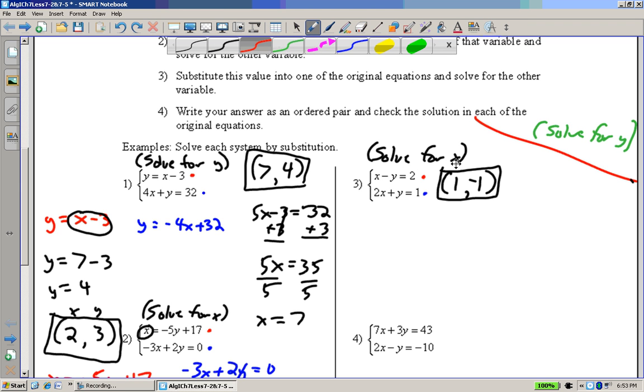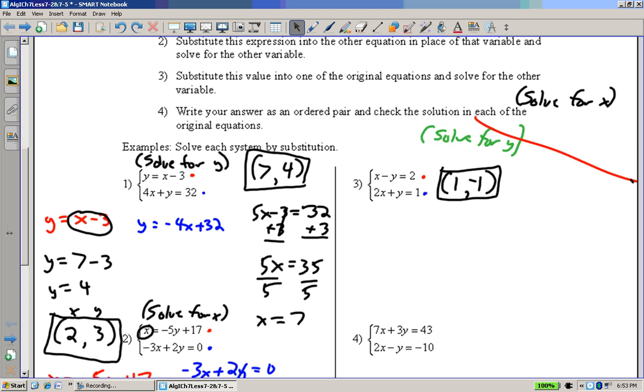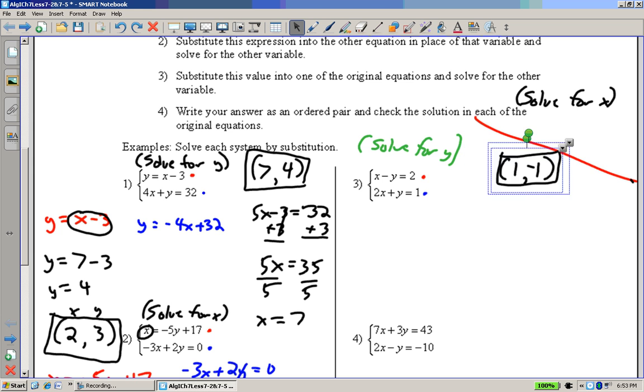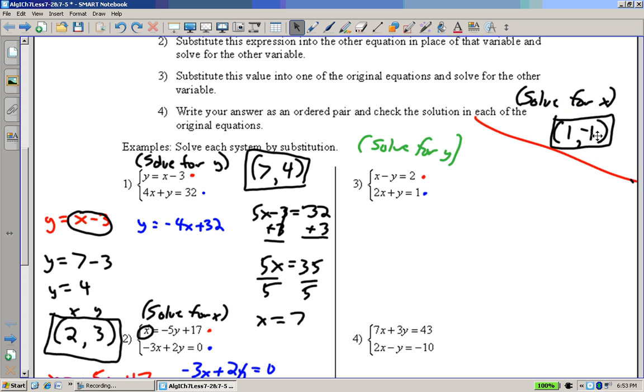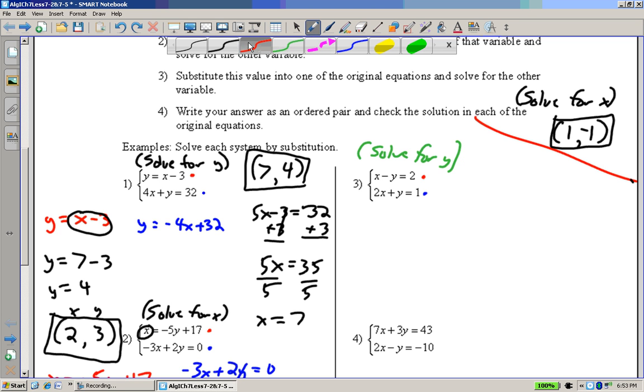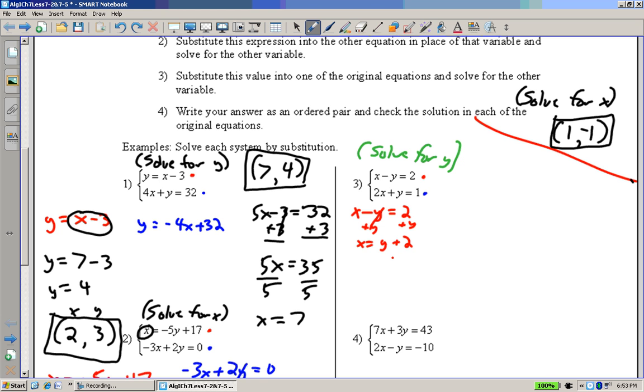Okay, this time let's solve for y. When we solved for x, we got (1, -1). Let's see what happens when we solve for y. On the red, I'm simply going to add y to both sides. And then subtract 2.